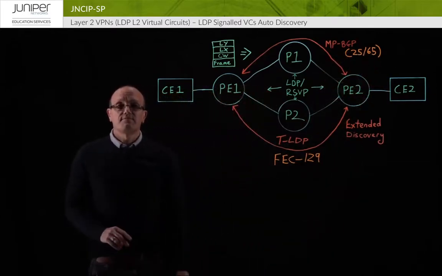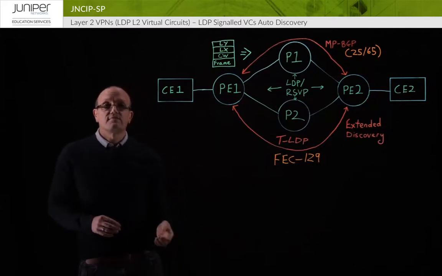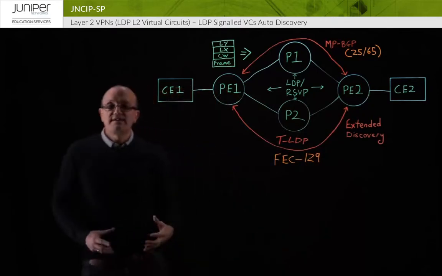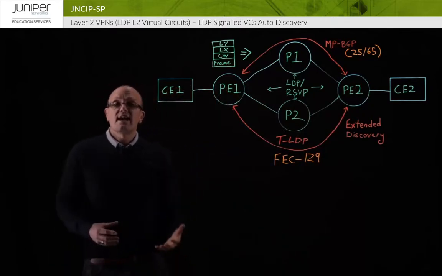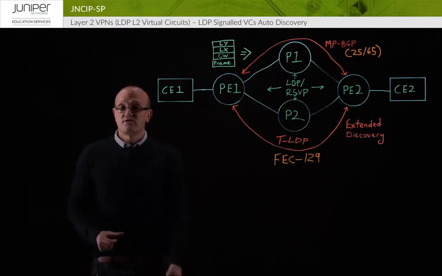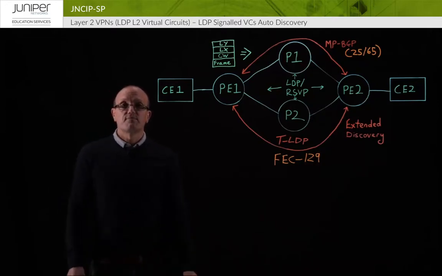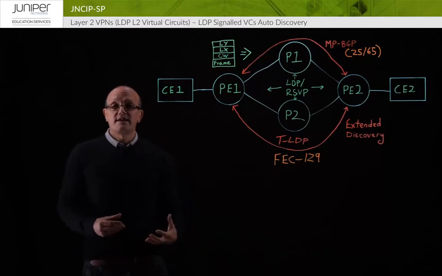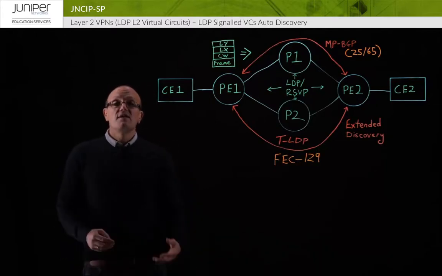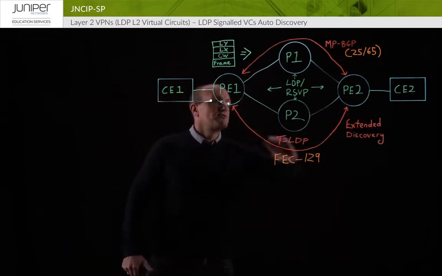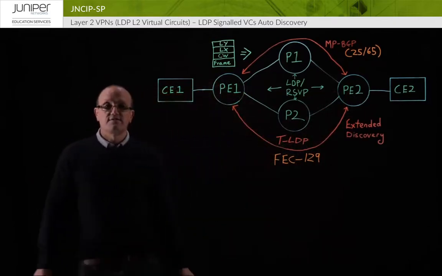And in it, we're advertising the PE addresses of PE devices that are connected to customer sites that we want to establish virtual circuits between. And this advertisement of participating PEs then allows us to establish targeted LDP sessions to the necessary PEs.